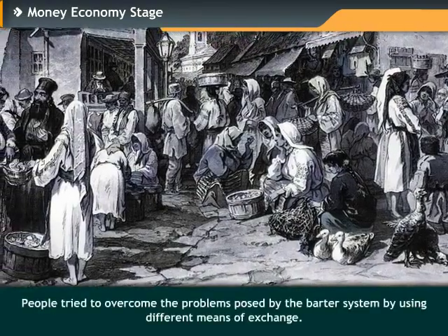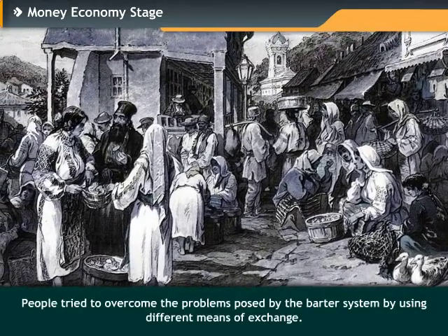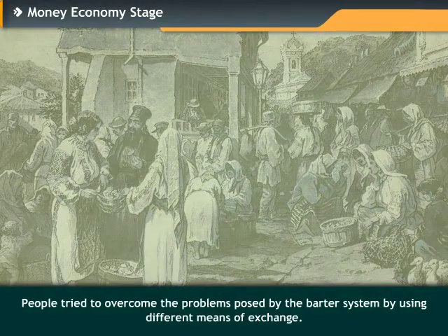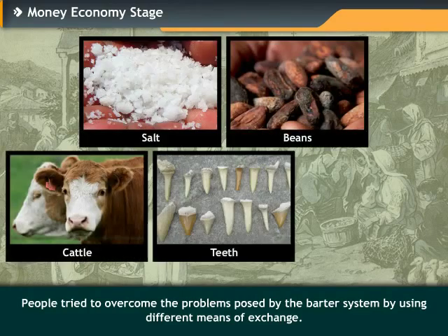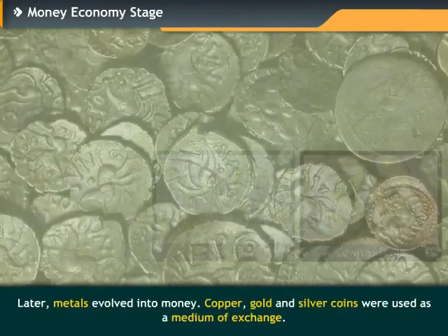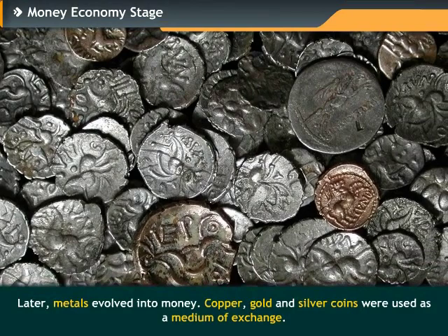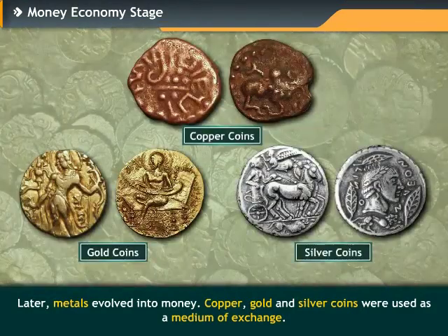People tried to overcome the problems posed by the barter system by using different means of exchange. These included salt, beans, cattle, teeth, and cowries shells. Later, metals evolved into money. Copper, gold, and silver coins were used as a medium of exchange.